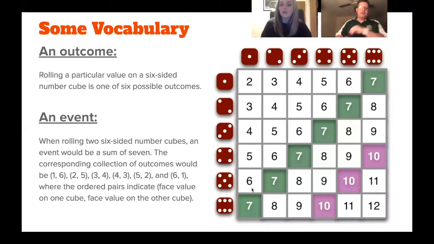But yes, there are 36 possible ways the individual number cubes can land. If you roll them once and look at what you got, that's called an outcome. If you play a bunch of times, all those are called the event.